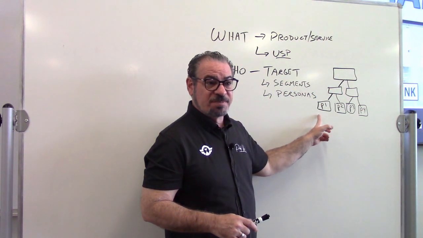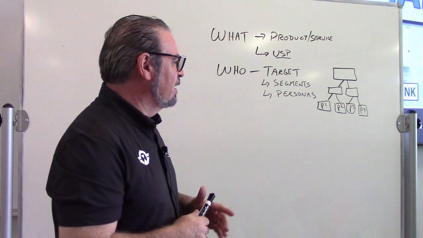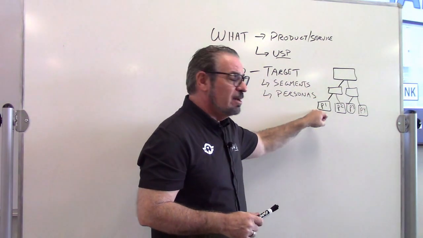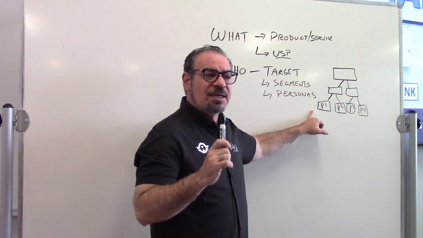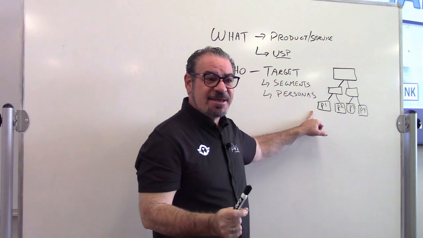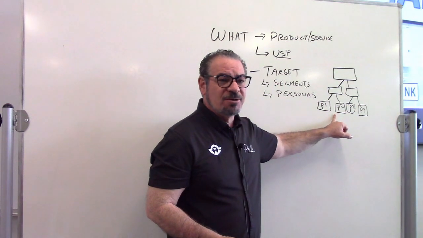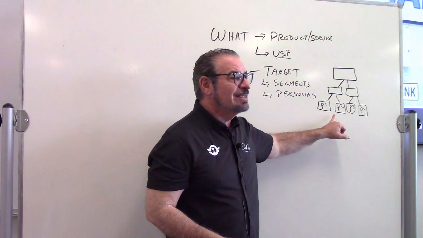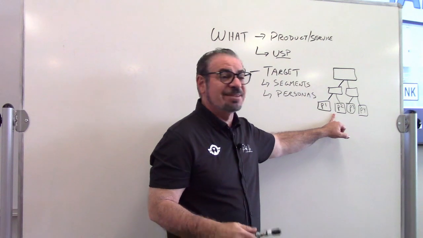So now this persona is all the males who want to learn digital marketing to help them grow their business. Now, why do I need to know that? I need to know that because that persona, all the males who want to learn digital marketing to grow their business, has a different need than the persona who this one is, all the males who want to learn digital marketing to help their company or help be better at their job.